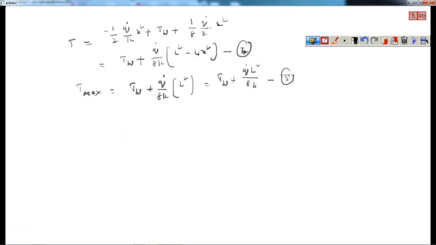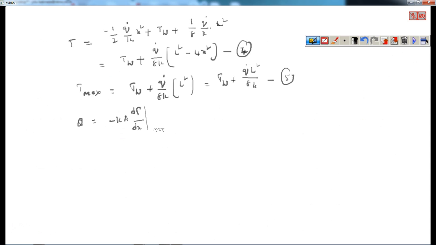Now, if I was asked to calculate heat flow, what is that heat flow? We will define it as Q. Heat flow is defined as Q, which is equal to minus KA dT by dx. I know K and A, and I know dT by dx.